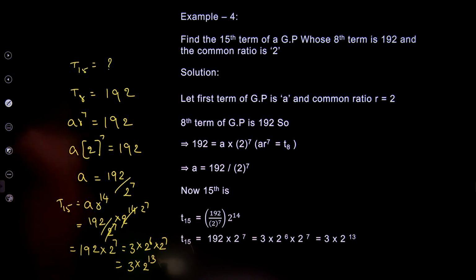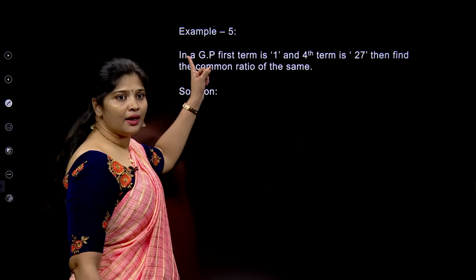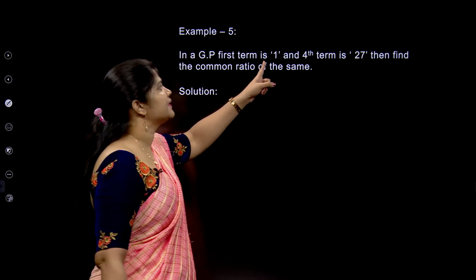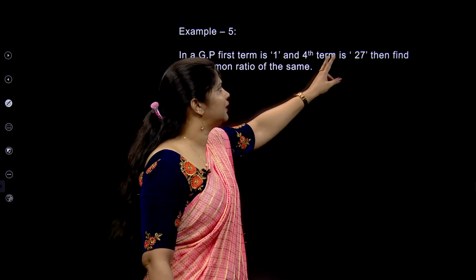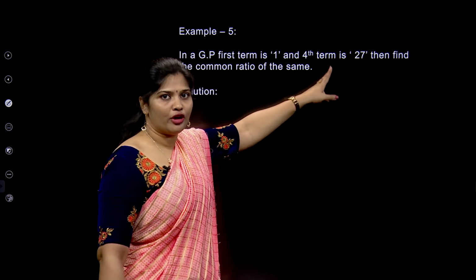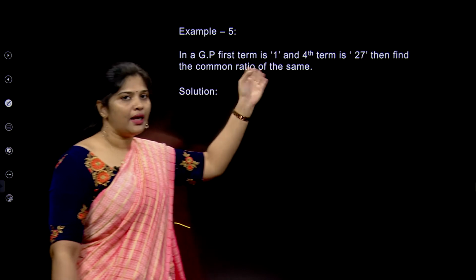Yes. Next question. In a GP, geometric progression, the first term is 1, means a equal to 1, and the fourth term is 27, T4 equal to 27. Then find the common ratio, the r value.